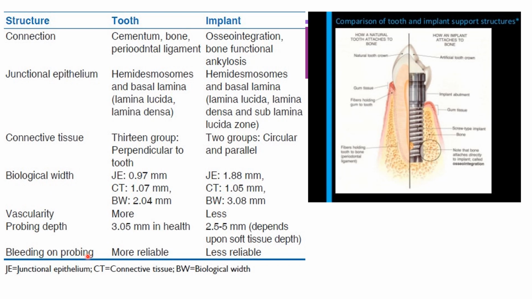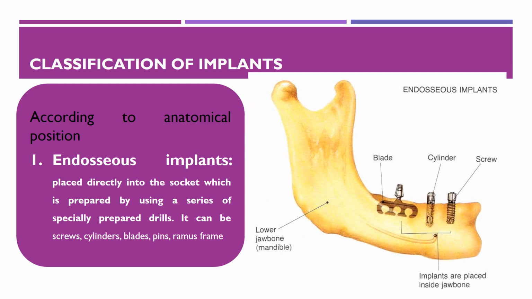And the probing depth also we have to make sure that in health it will be 3 mm in case of tooth, whereas for implant it will be 2.5 to 5 mm. Okay, so that is there, and we move on to the next slide.